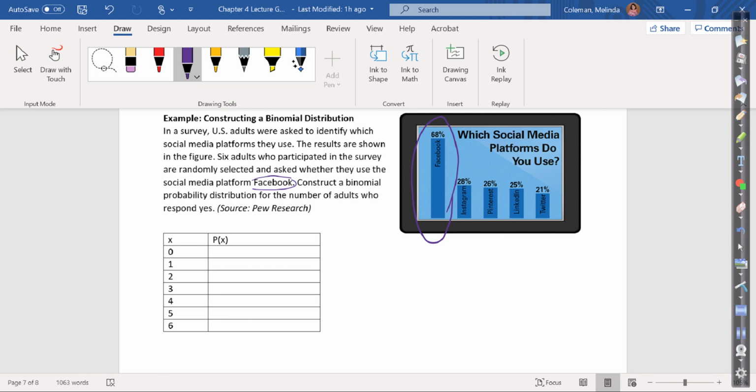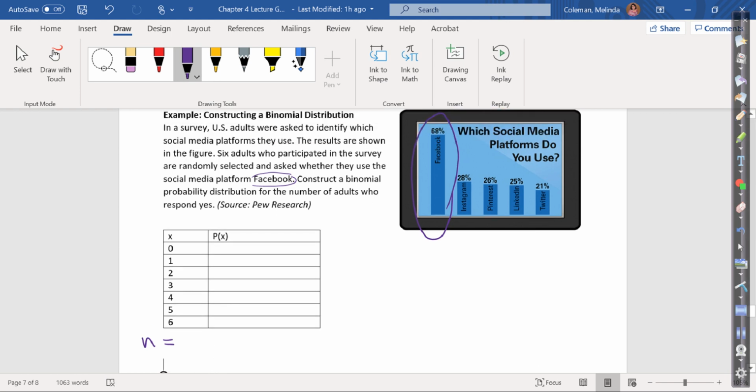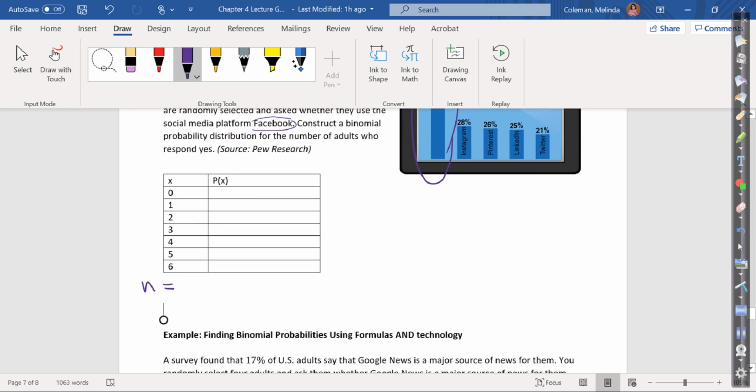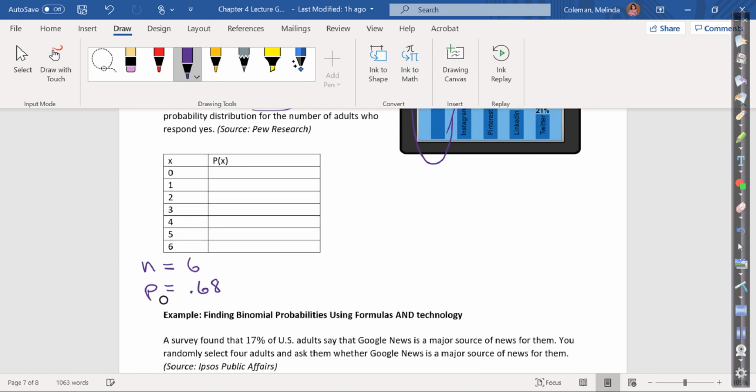All right, construct a frequency distribution, or binomial distribution. So we have n, which is equal to, well, how many people did they survey? 6. So n is 6. How many people used Facebook? That was 0.68. My q is 1 minus 0.68, which is equal to 0.32.